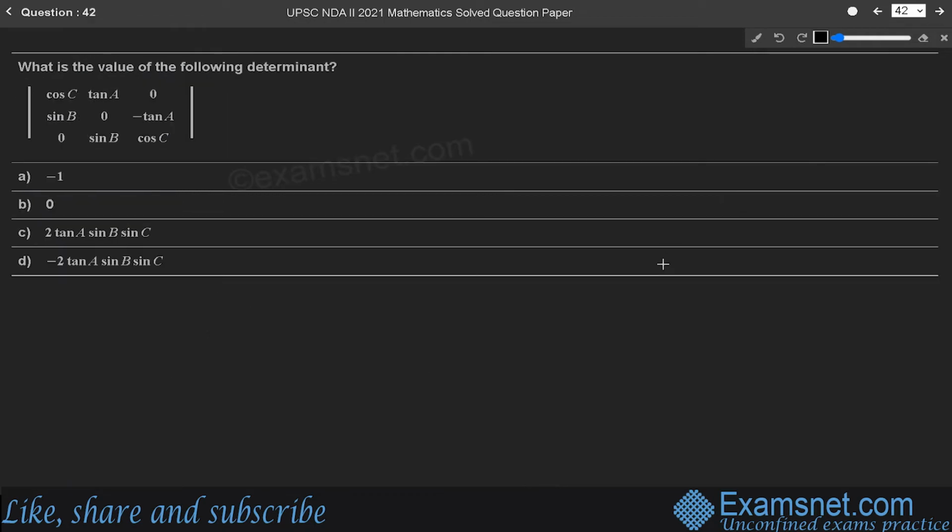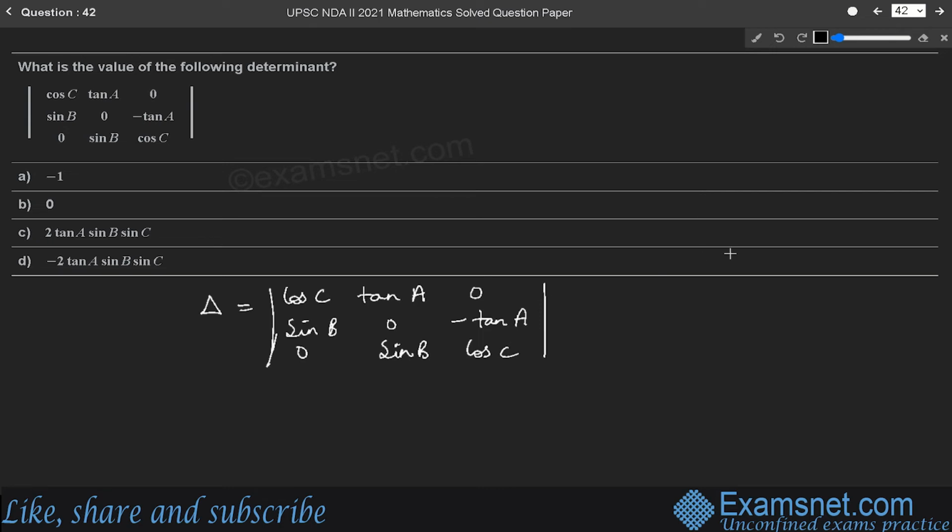Next question is, what is the value of the following determinant? A determinant is given which is equal to cos C, tan A, 0; sin B, 0, minus tan A; and 0, sin B, cos C. This is a determinant and we have to find its value.